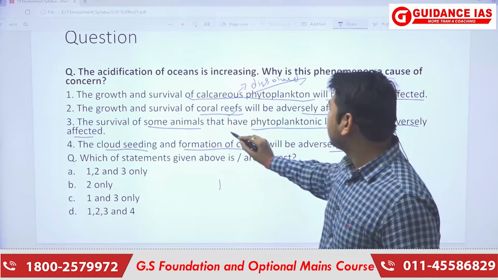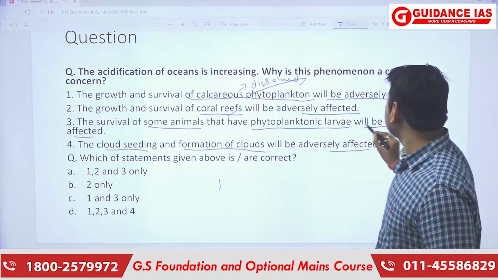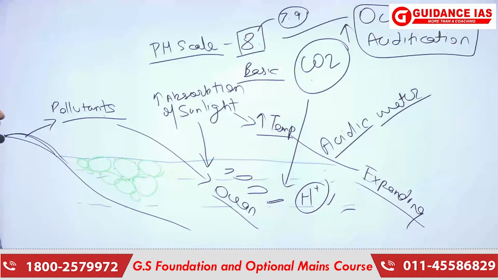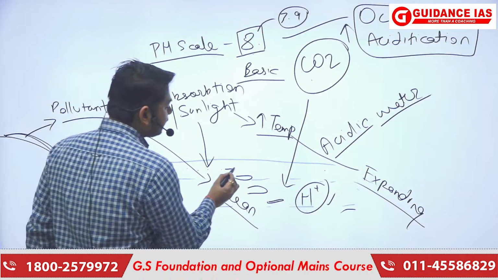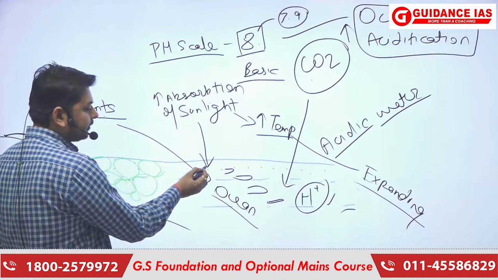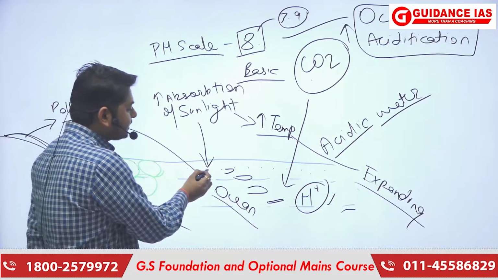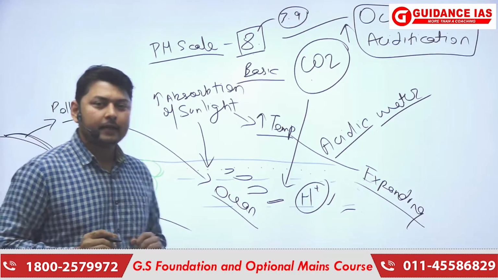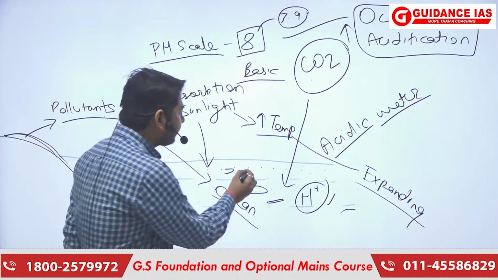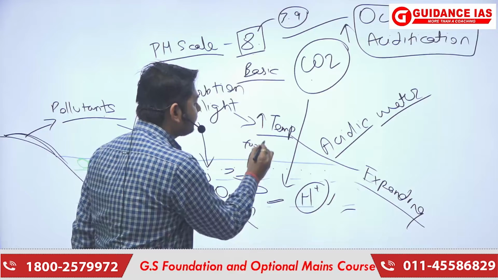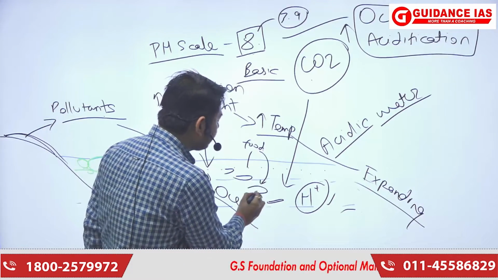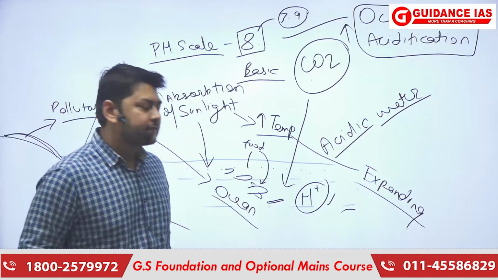The survival of some animals that have phytoplanktonic larvae will be adversely affected. If we look at this diagram again, there are various phytoplankton available here. They absorb sunlight and reproduce themselves, and they are food for various fishes.